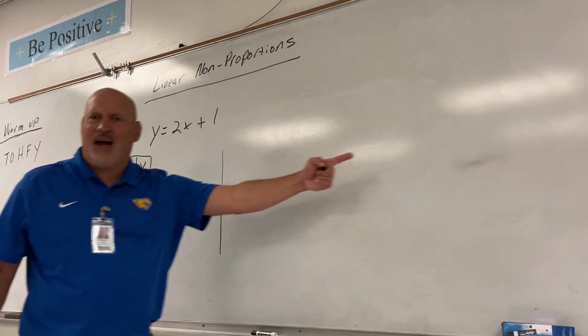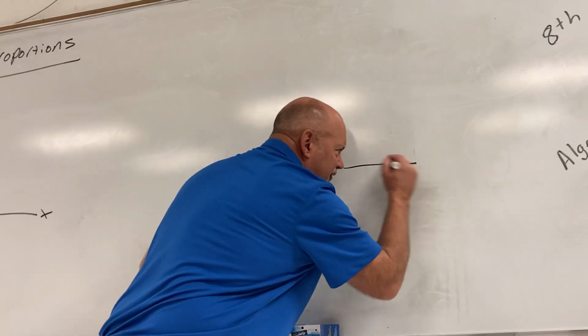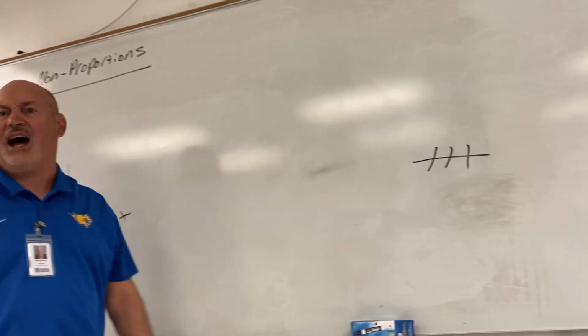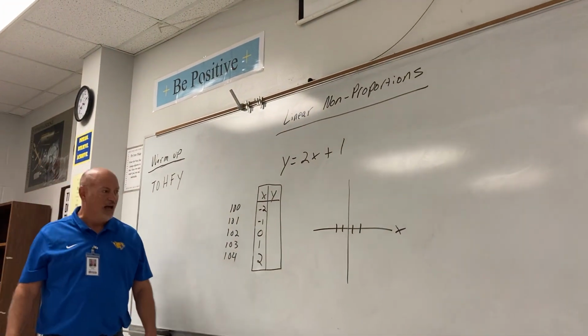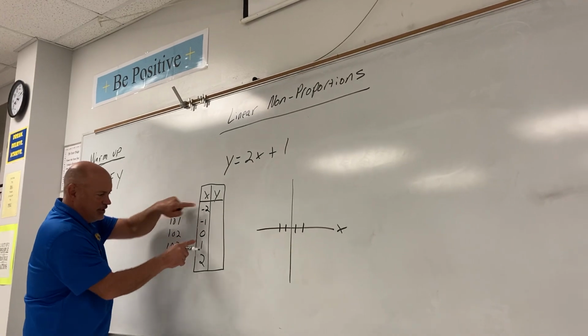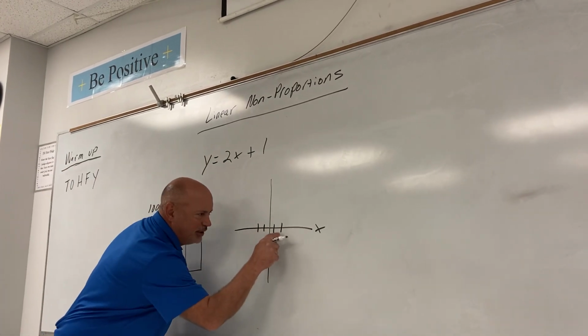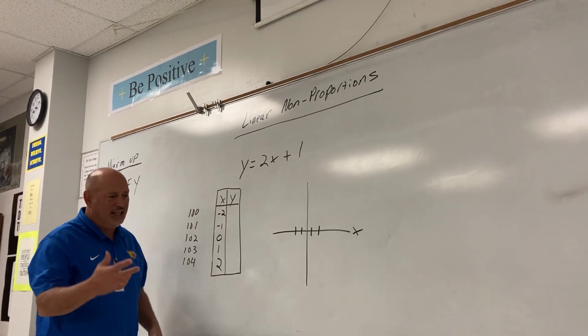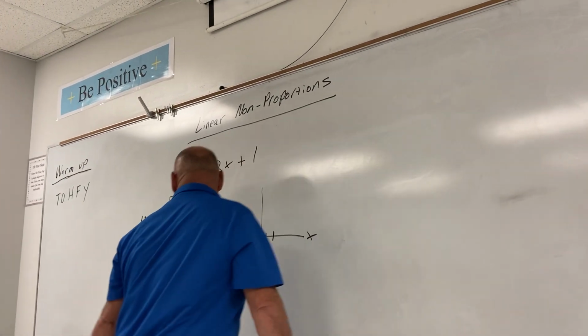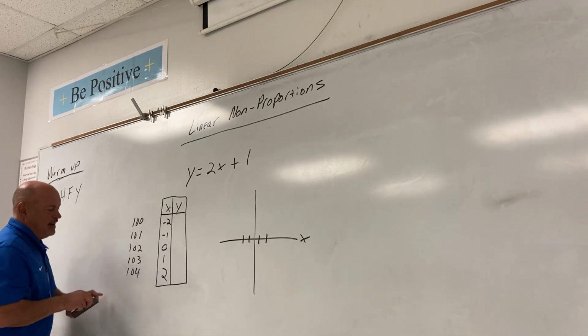I ain't graphing 103, 104. You got to make your graph go to 103, 104. I ain't doing that. I want the 5 numbers that are right in the middle of every graph: -2, -1, 0, 1, and 2. So today, if they do not give you any numbers, those are the 5 we're going to plug in.